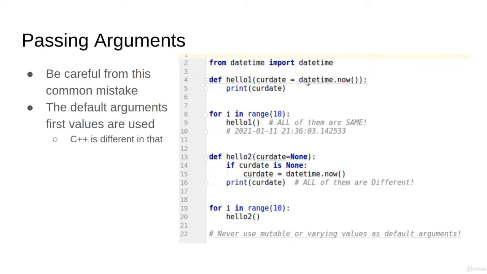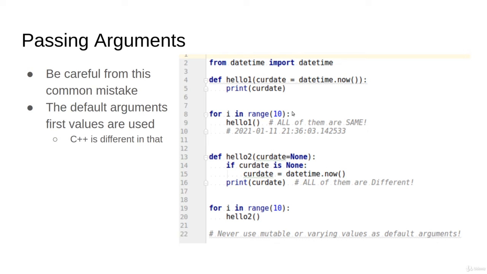But this doesn't happen in Python. In Python, the default arguments are evaluated once, with the definition. Once it is defined, it takes a value. So regardless, all of the consecutive calls will have the very old original value. If you are coming from a language like C++, this is going to be very weird for you, because in C++ with every call, the default value is going to be a new one.